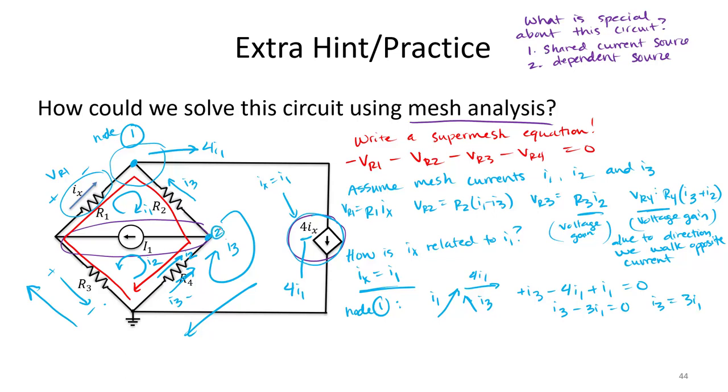I can also do a similar approach at node 2 to get another equation relating I2, I3, and I1. So I can repeat Kirchhoff's current law to get equations relating I1, I2, and I3.